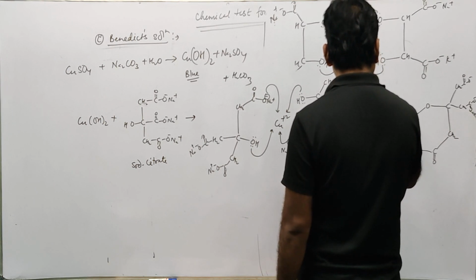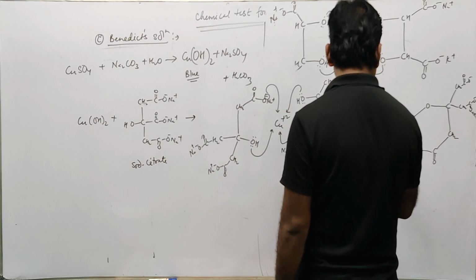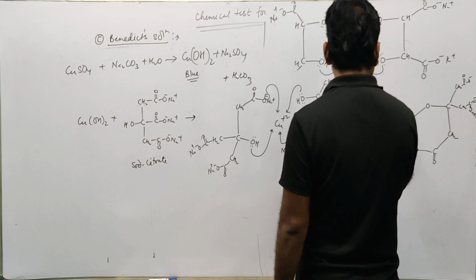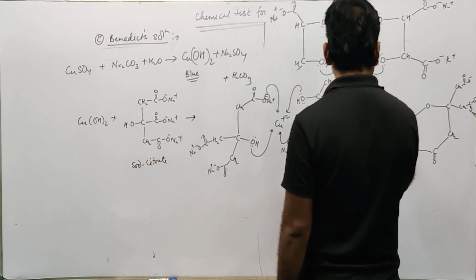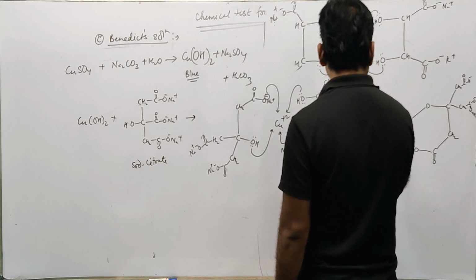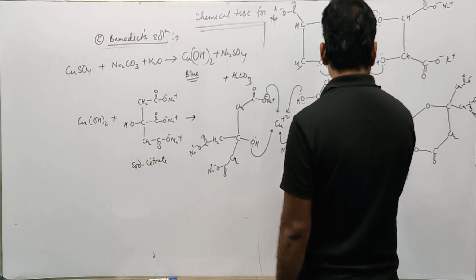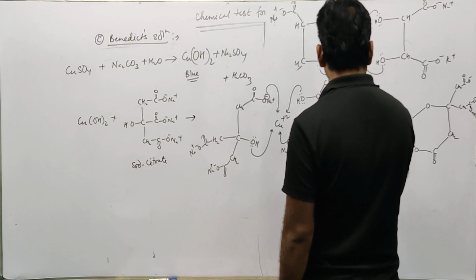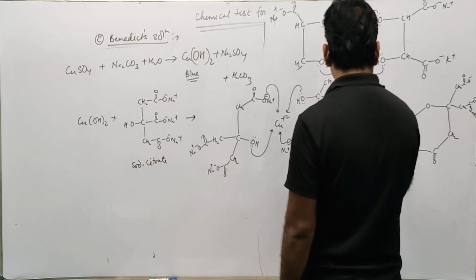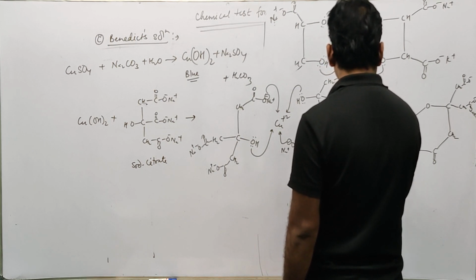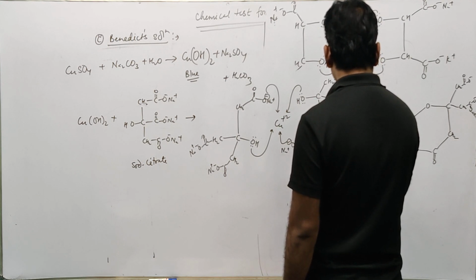Again at this place there is oxygen, and at this place there is oxygen. This oxygen is connected with C double bond O, and this is connected with C. They have CH2 C double bond O minus Na plus, as well as CH2 C double bond O minus Na plus.